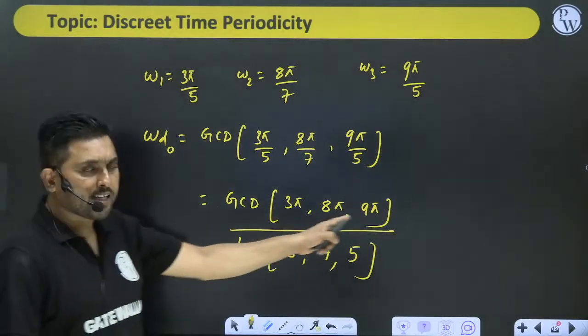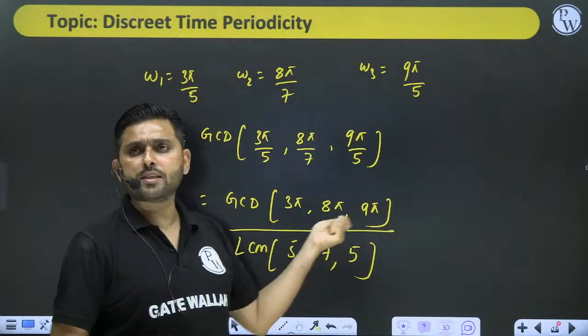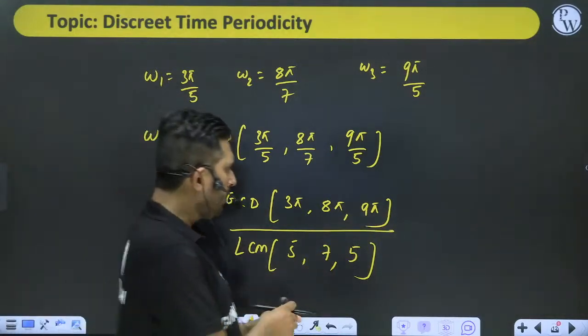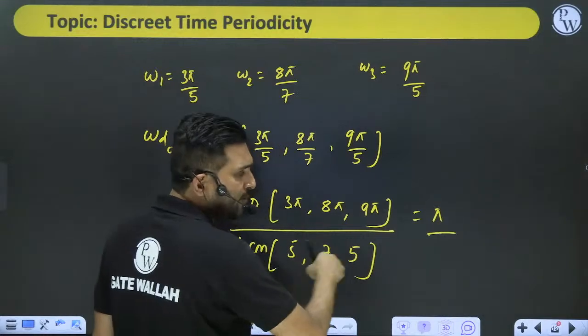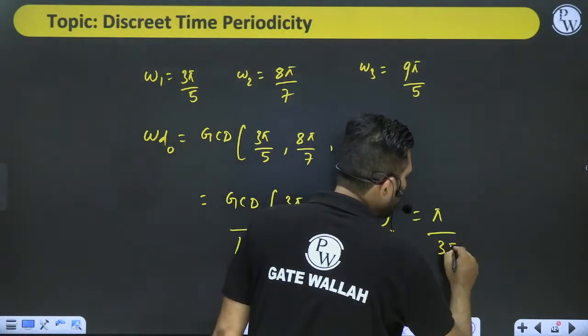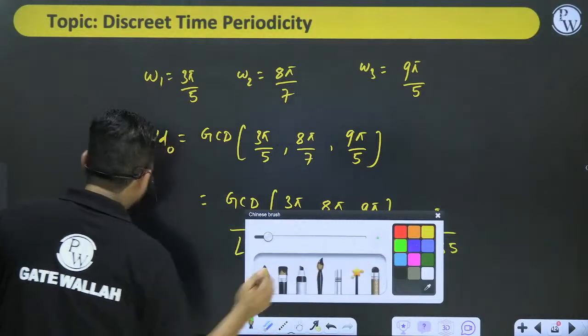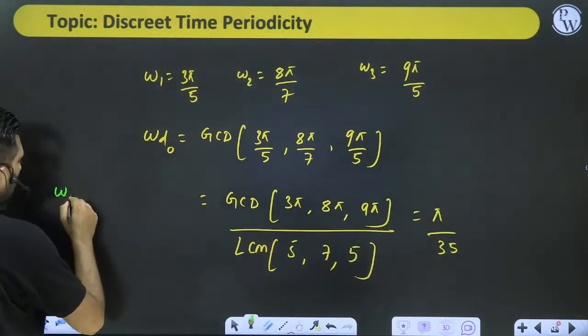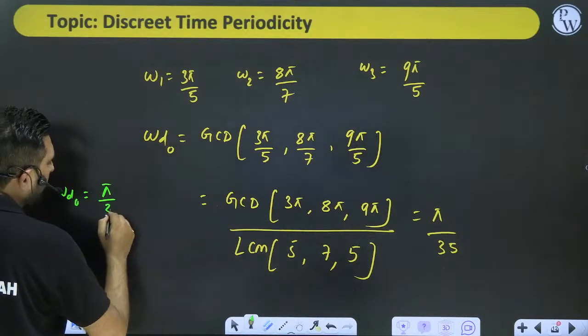GCD is the highest common factor of the integer values. The highest common factor here is pi, and the LCM of the denominators is 35. So omega 0 comes out to be pi by 35.